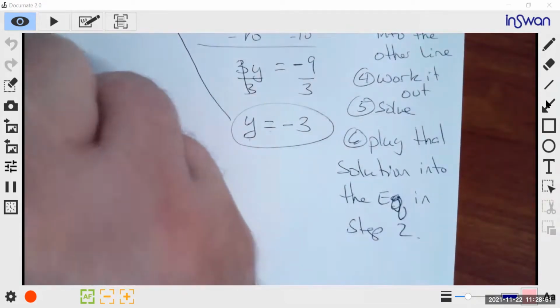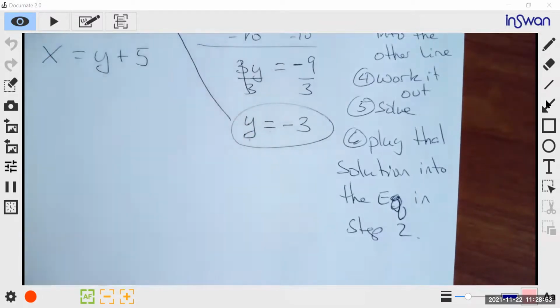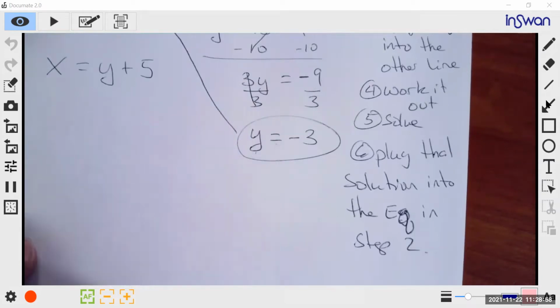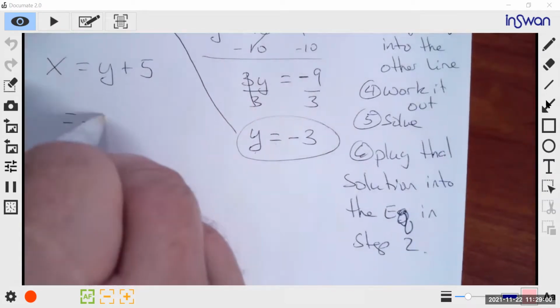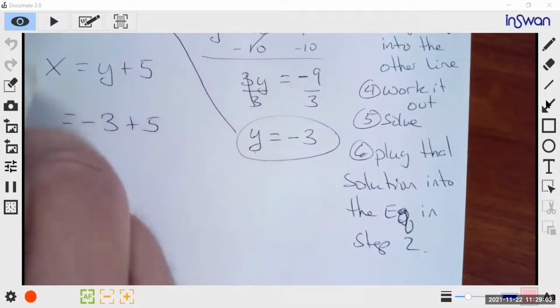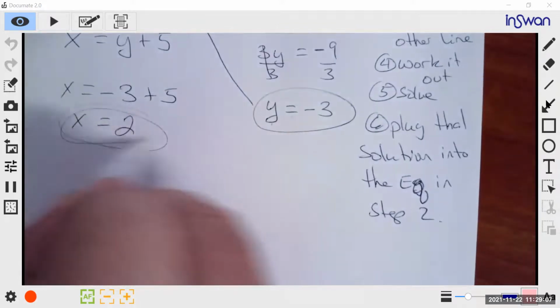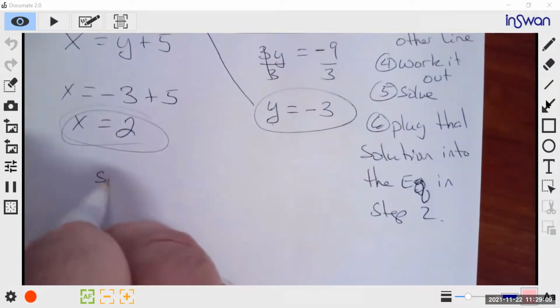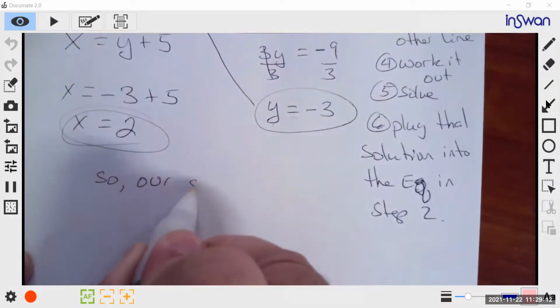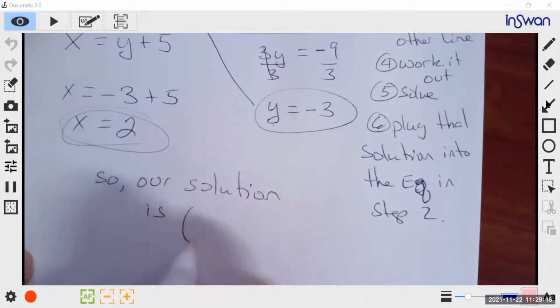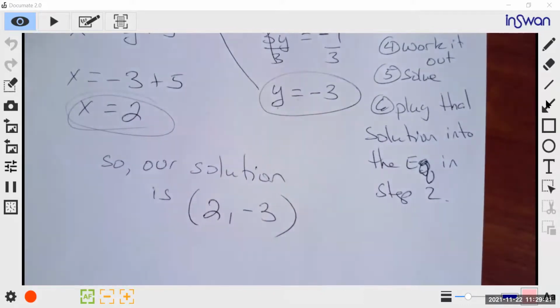We know x equals y plus 5. So y is negative 3 plus 5. X equals 2. So our solution is the point 2, negative 3.